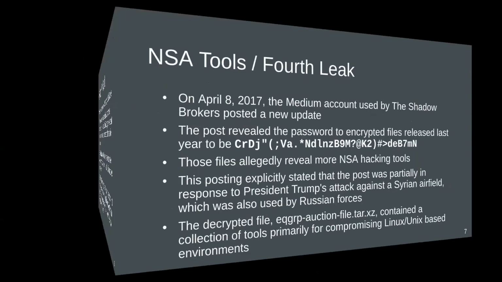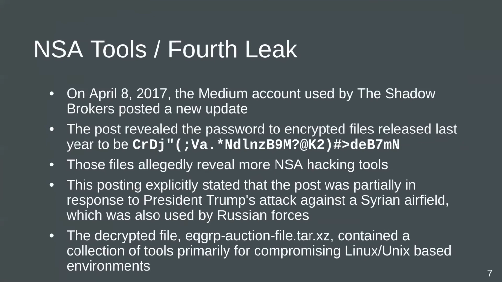And then the fourth leak was on the 8th of April, 2017. A password was announced, and files were able to be unlocked. Now, seemingly this particular leak, the fourth leak, was in response to former President Trump's attack against a Syrian airfield.